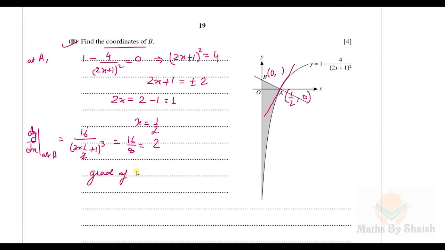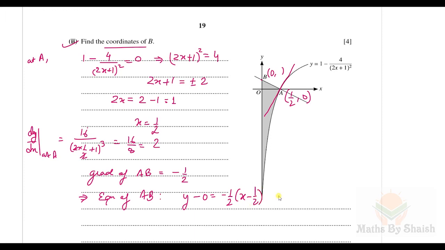So the gradient of line AB will be minus 1 by 2, because we know the product of the gradients of perpendicular lines should be minus 1. It is a normal at A, so it is going to be minus 1 by 2. That's why the equation of line AB: y minus y1, which is 0, is equal to the gradient minus 1 by 2 times (x minus x1). x1 is 1 by 2.